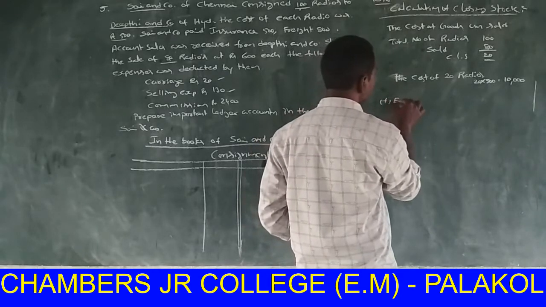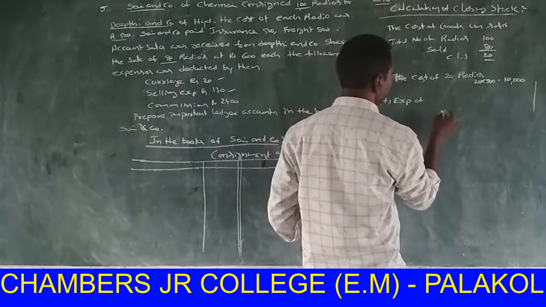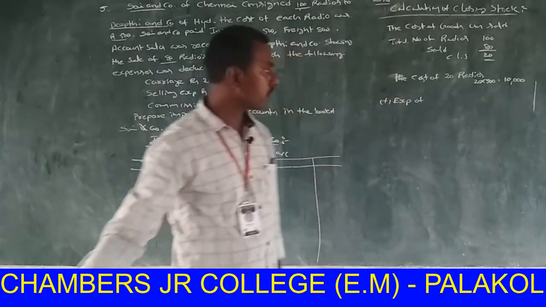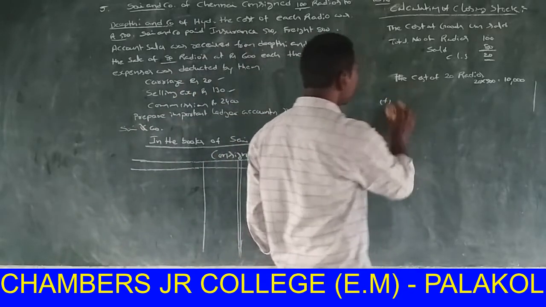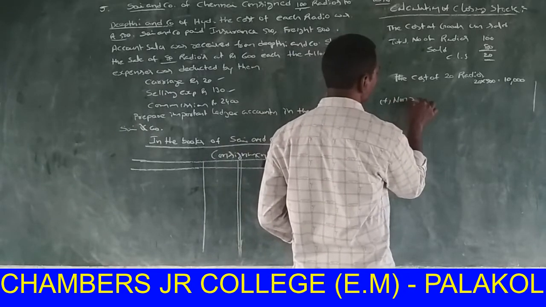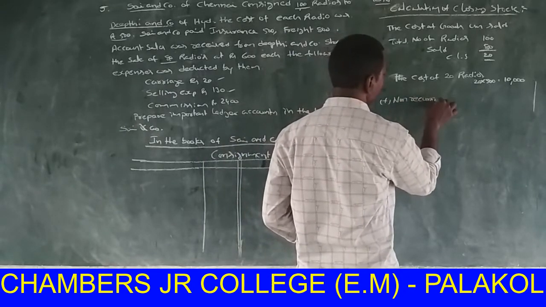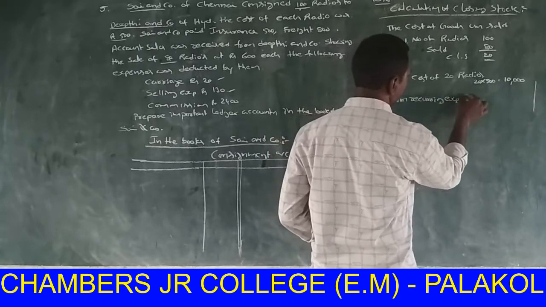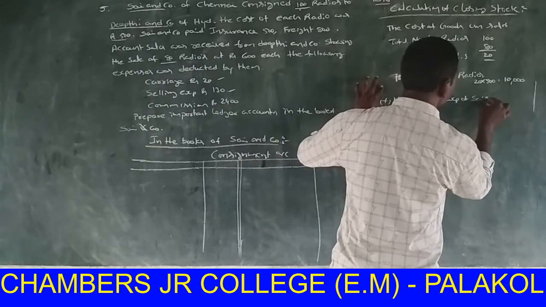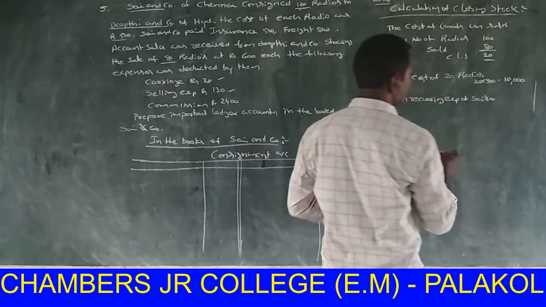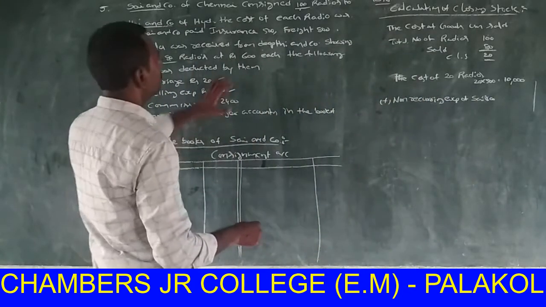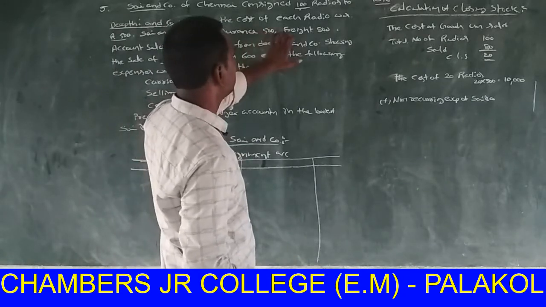Add non-recurring expenses of the consignor, that is Sai & Co. Here the total expenditure of consignor is insurance 500 and freight 800.